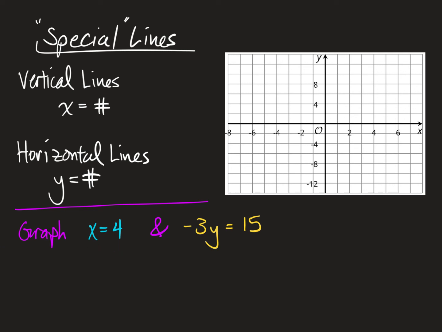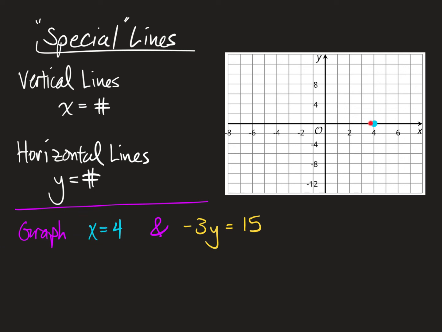And really, that's where we're going to start with graphing this. We have to find this number on this axis. So we have to find 4 on the x-axis. It looks like that is right over here. Let me grab the pen. There we go. Now, this line needs to cross the x-axis only.